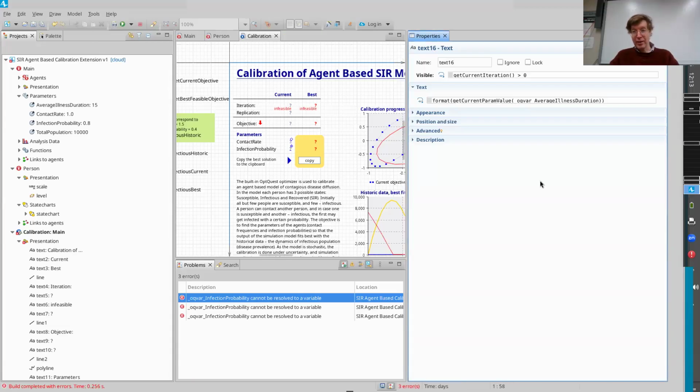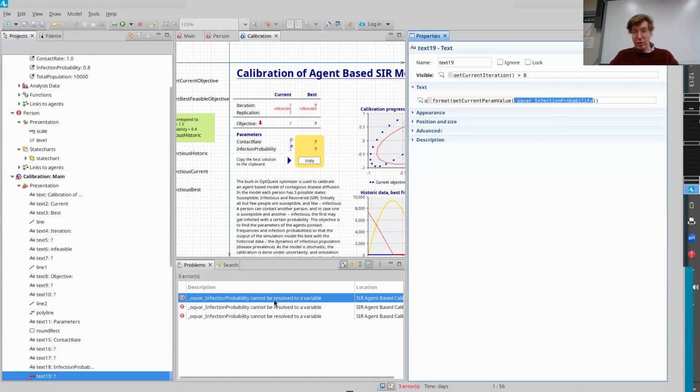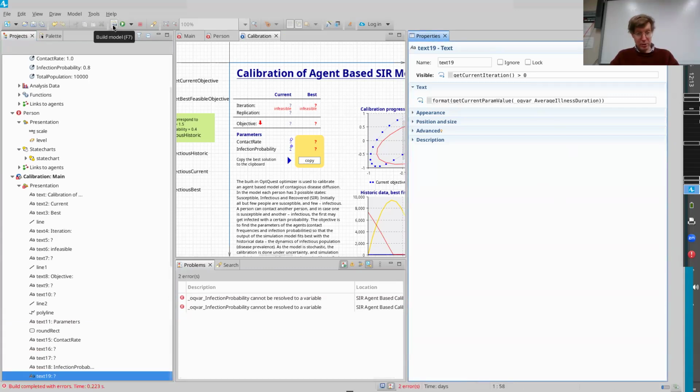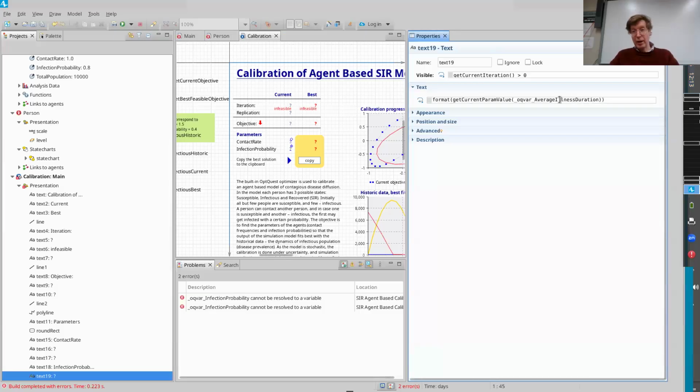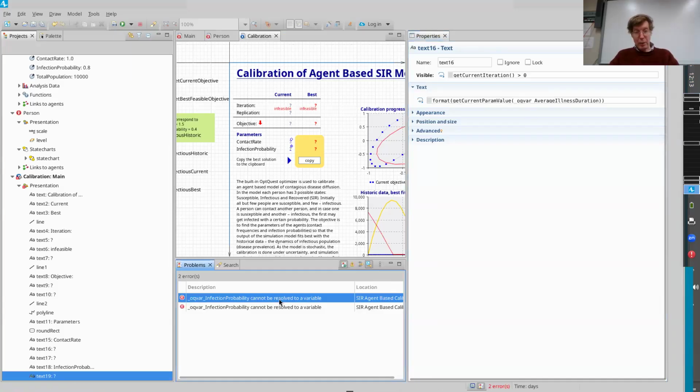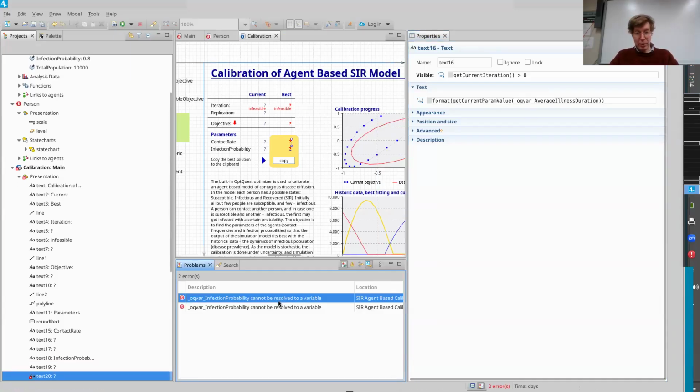Okay, it actually looks like it. I'm going to try that here. Average illness duration. Yes, it appears to have placated, it seems to have had its expected salutary impact.